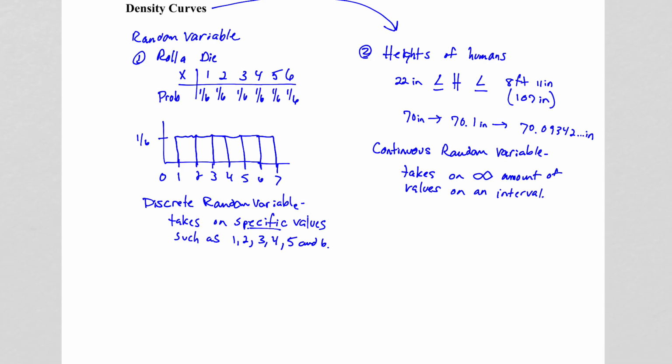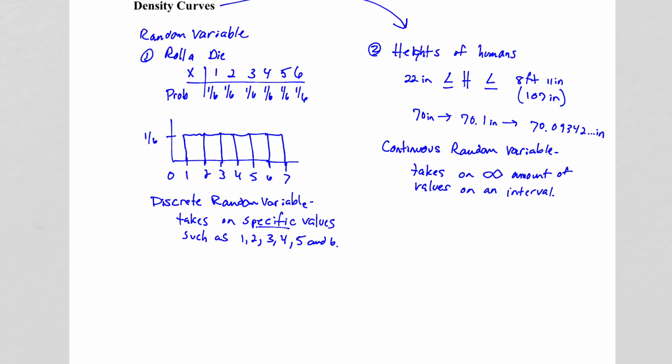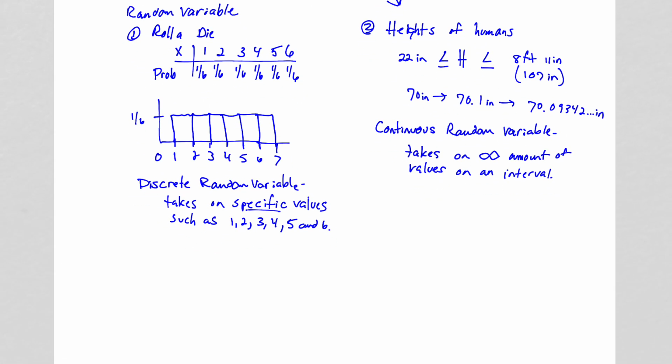So a couple things that I want to address here is, let's look at a similar situation where I'm going to draw a distribution. Let's just say, just like the discrete random variable, we have values 1 through 6, and let's go all the way to 7.